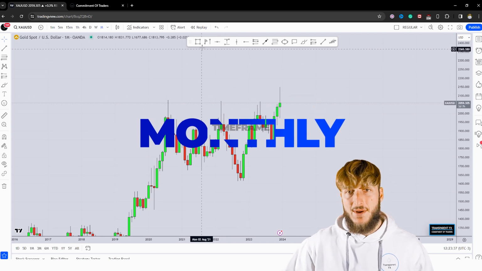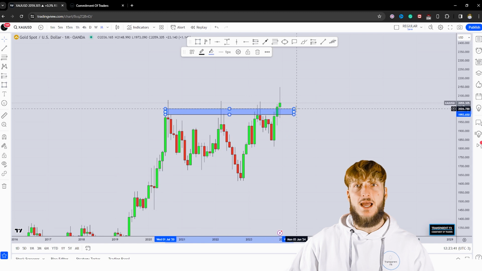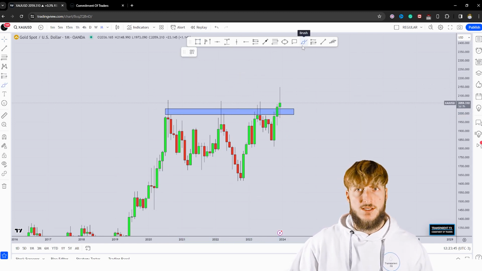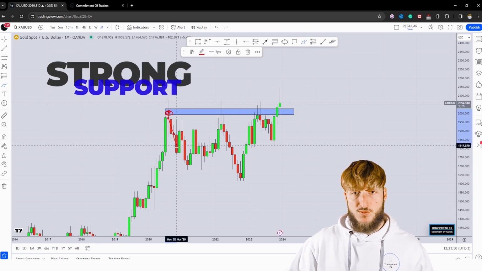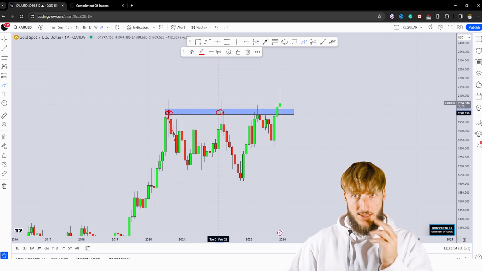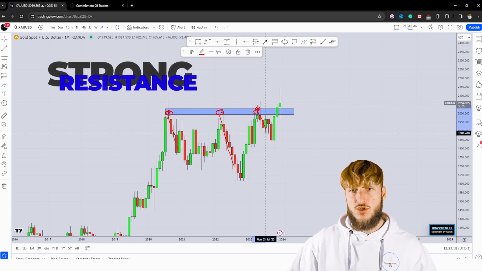Now, starting from the monthly time frame, what we can see is that we have a market which is currently testing a quite strong area of previous monthly resistance, which is now turned support. In fact, from here, all this previous move to the downside was created. Again, here, the market tested its zone and rejected it to the downside. Again, here, the market tested the area and rejected it to the downside.